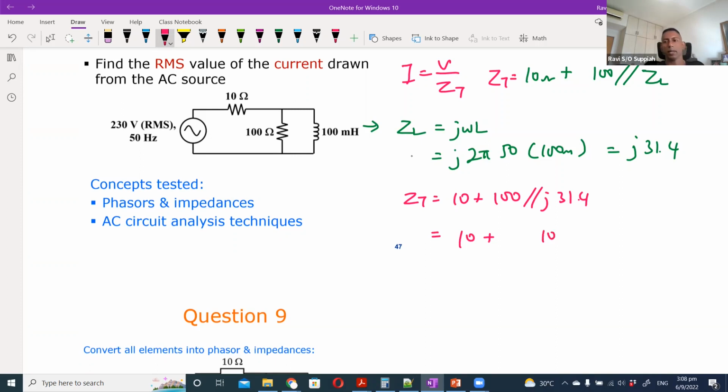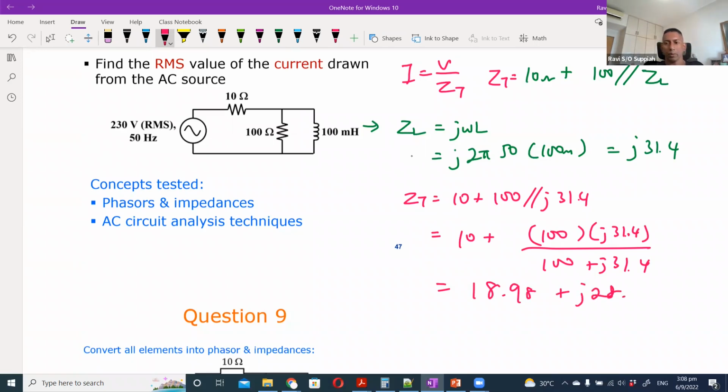So it will be 100 multiplied by j31.4 over 100 plus j31.4. Then the rest is the maths part: 18.98 plus j28.59.